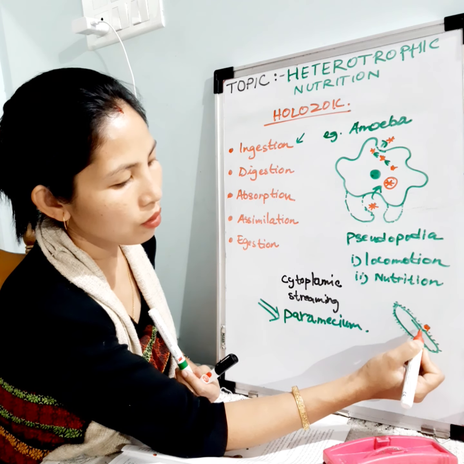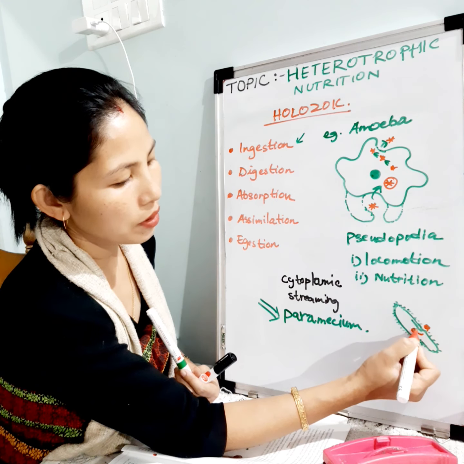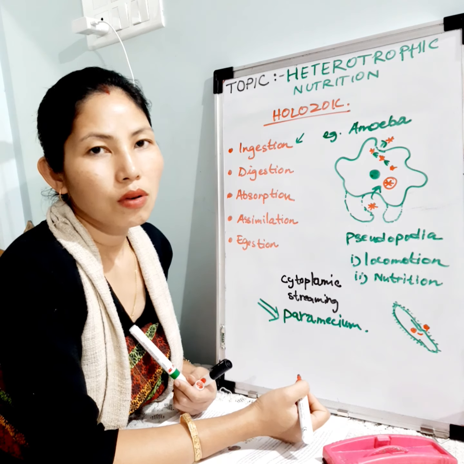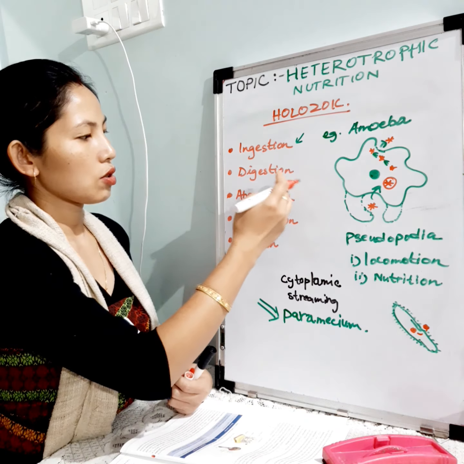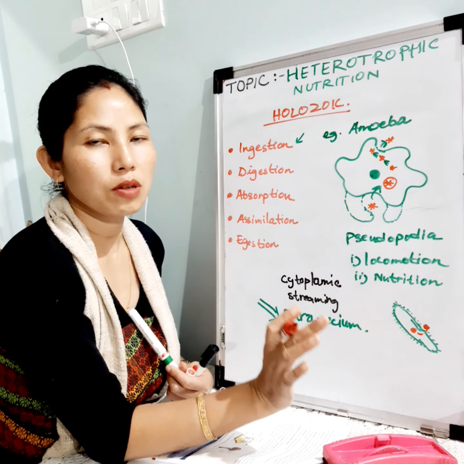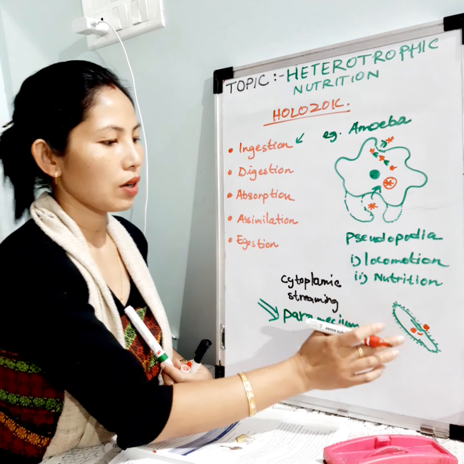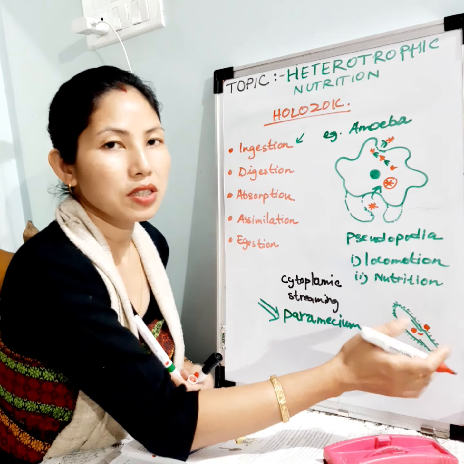Suppose this is the food, it will be captured and taken inside and it will go to the food vacuole, and the further processes of digestion, absorption and assimilation will be carried out as before, and lastly it will be ejected out.